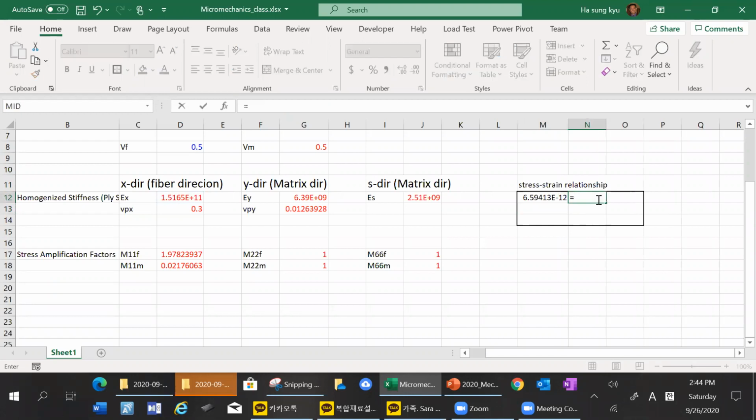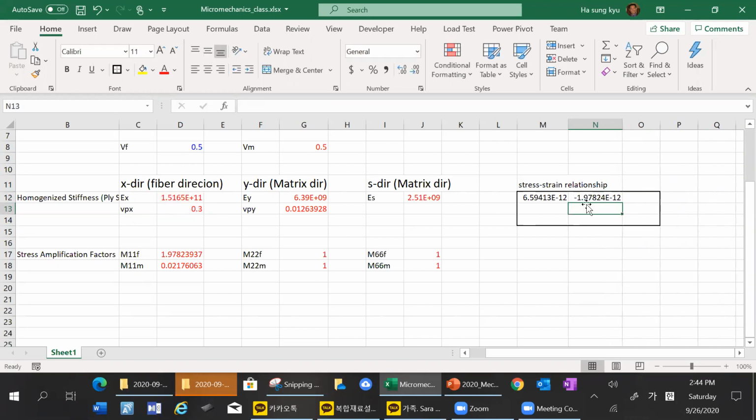Here is the 1, minus Poisson's ratio divided by EX, and this one divided by EY, and this one divided by the EX.